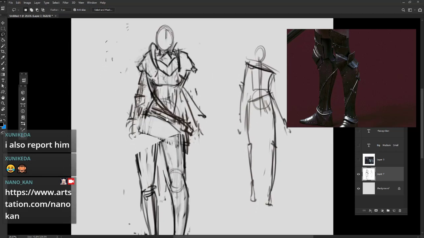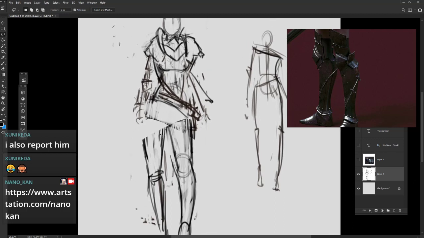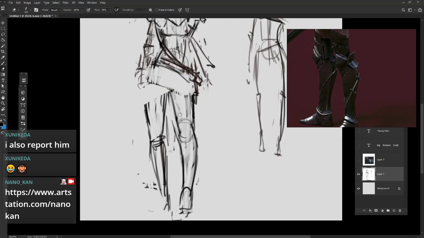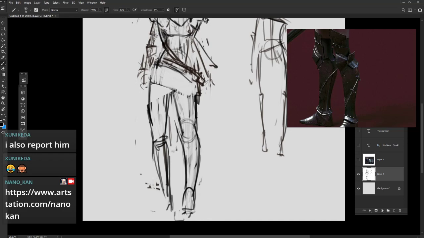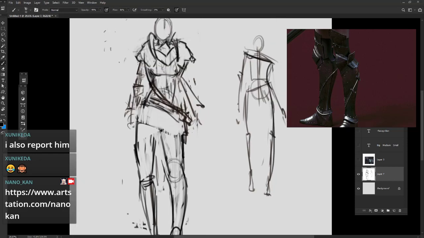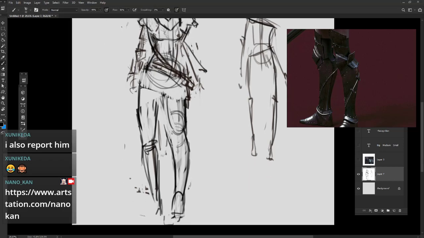This could work. But then it's about here. So maybe the foot. I mean, the knees are here.